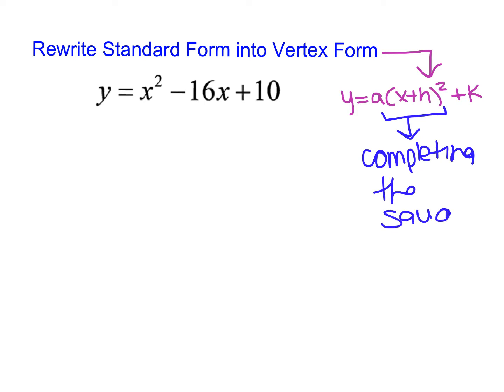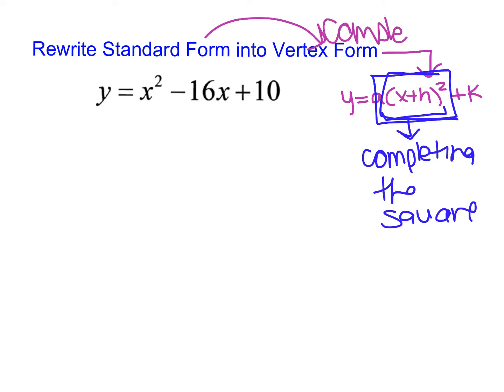And if I think back to when I used the completing the square strategy, I was trying to figure out what I needed to add in to create something like x plus h in parentheses squared. That was kind of my final goal in completing the square, and then I was able to solve a quadratic, which we're not going to solve a quadratic here, but we're hoping to be able to create this particular situation. So if we want to rewrite something from standard form into vertex form, we need to use that completing the square strategy to help us out.